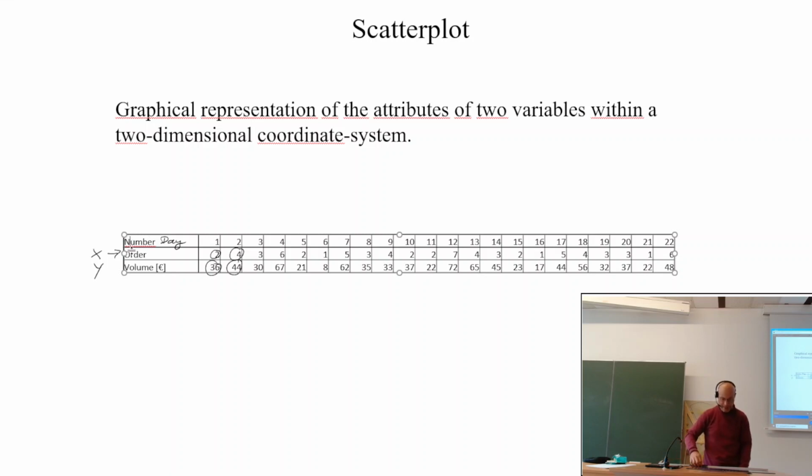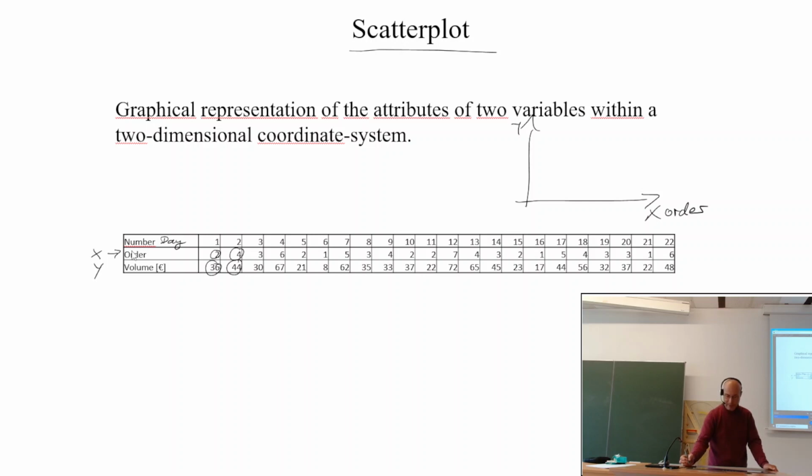And this is done in the so-called scatter plot, where we put on the X, on the horizontal line, the orders, and on the vertical line, the volume.